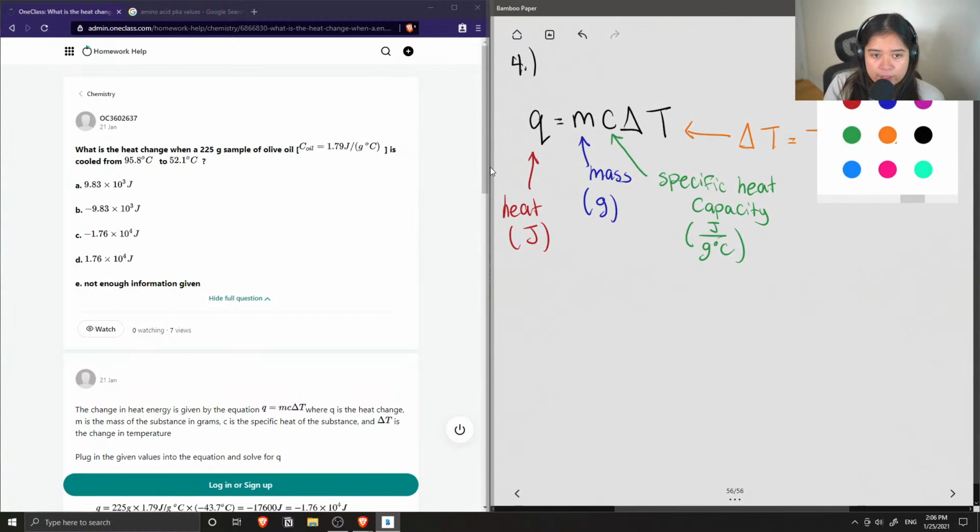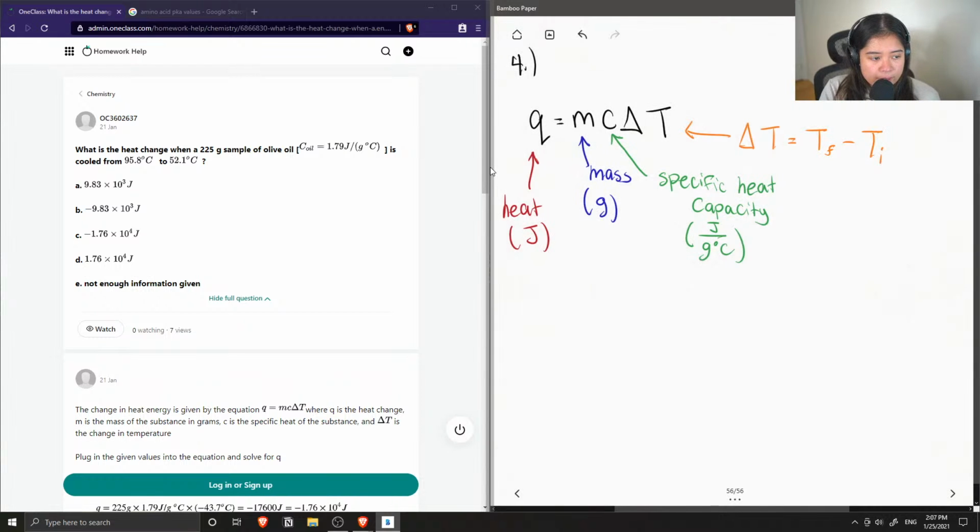Okay, so now that we have our formula, we can just plug in everything that we know. So we're trying to solve for Q, and we're given the mass of olive oil, which is 225 grams. We know its specific heat capacity is 1.79 joules over grams times degrees Celsius.